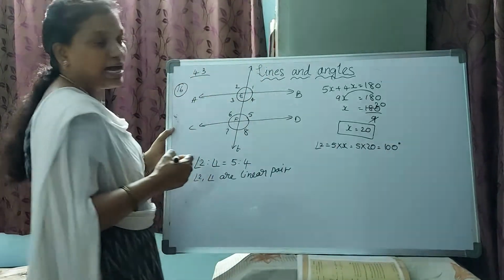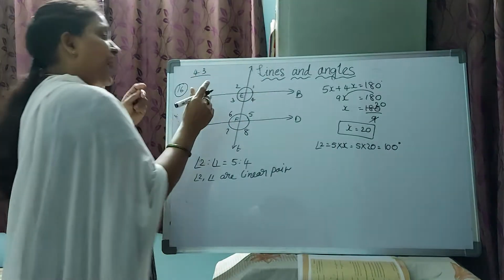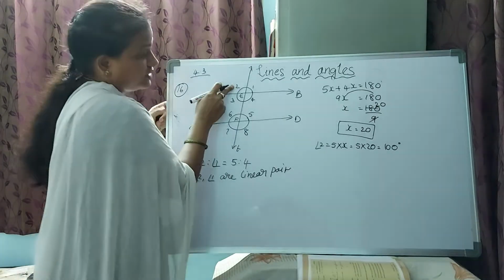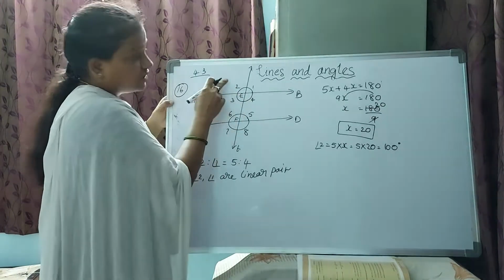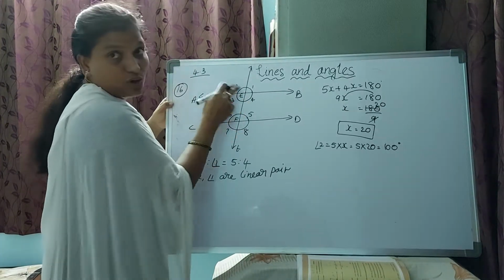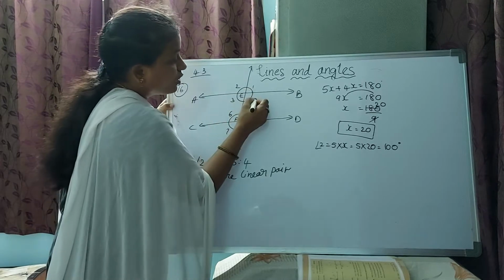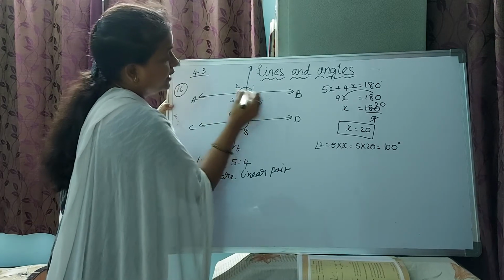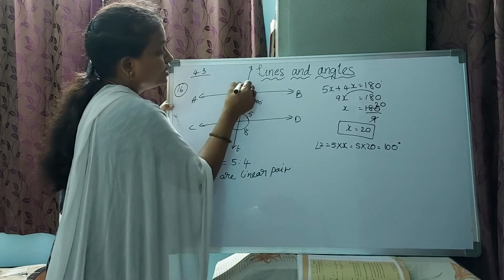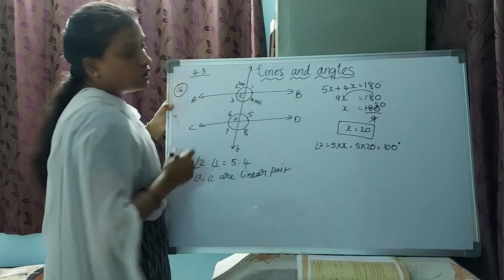Angle 2 is 100. If angle 2 is 100, vertically opposite angles are also equal, so angle 4 is also 100.